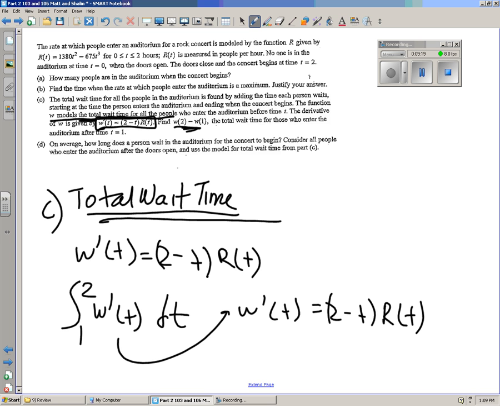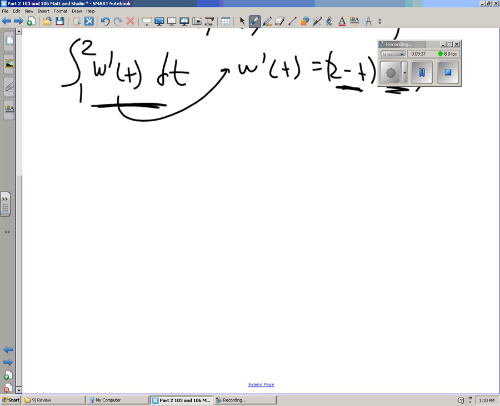And guys, don't forget that r of t is given to us in the problem over there. So you want to plug this into your calculator, but don't forget that you have 2 minus t and then r of t, which is another equation. So after we evaluate that, we should get 387.5 hours, which is the total wait time.